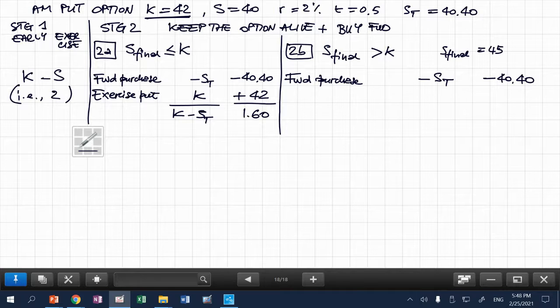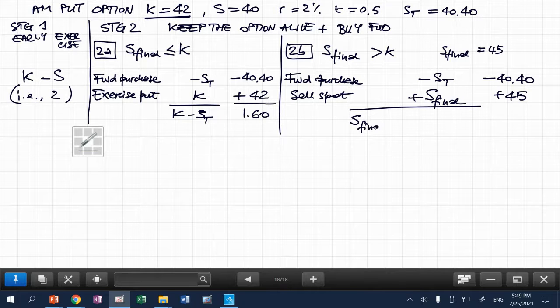Yet we do quickly also case 2B, but super quickly. Here, if we were in case 2B, rather than selling with the put option, we would sell spot. So we would get S final. If the final price, for instance, were 45, I would get 45, which means what?